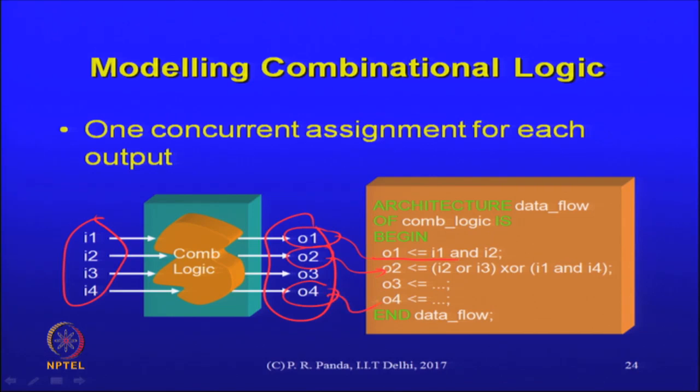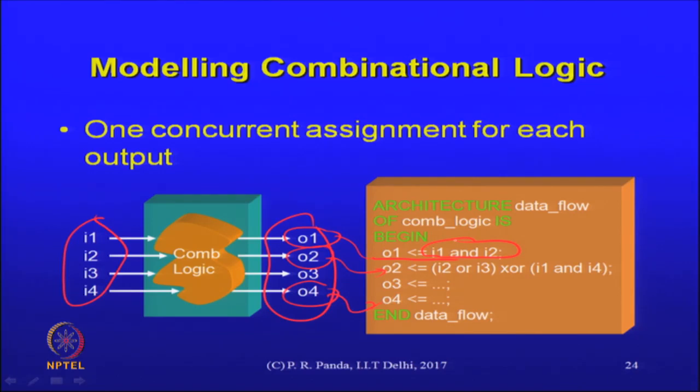Each output results in a different statement. In here I would capture on the right hand side whatever function it is of the inputs. Of course, ultimately all the outputs are functions of the inputs. So, what that respective function is, I would capture on the right hand side of the signal assignments, and on the left hand side I would just have the output ports here.